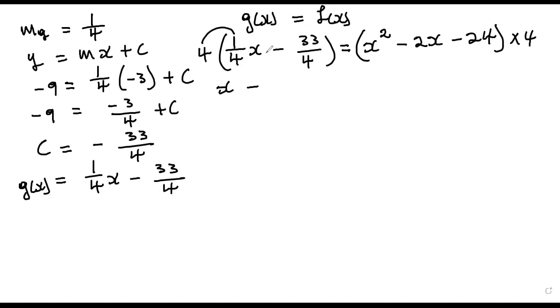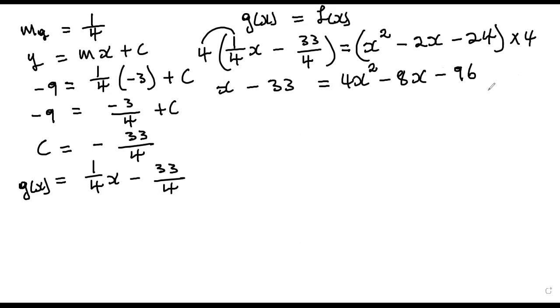And then 4 times -33/4, you'll get -33. And then 4 times x squared, you'll just get 4x squared. And then 4 times this will give you -8x. And 4 times 24, how much is that?